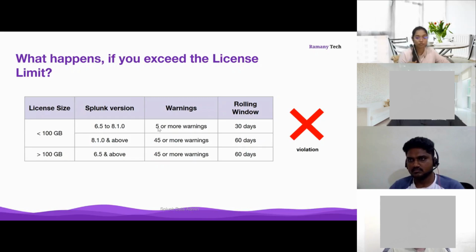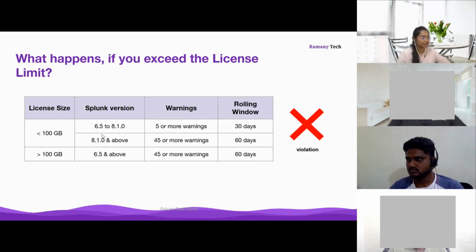You will keep receiving warnings whenever you exceed the license. If you have received 5 or more warnings in the last 30 days, a rolling window that keeps counting the last 30 days, you will receive a violation.